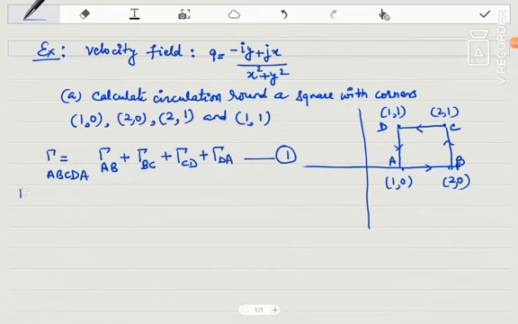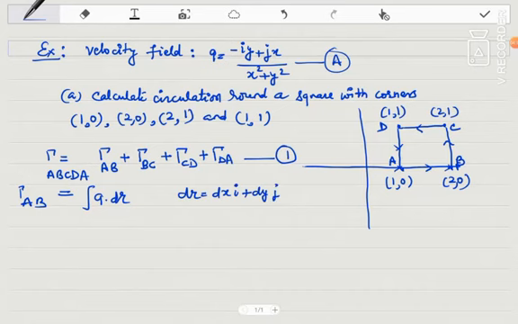Now first of all, circulation along AB. It will be the integral of Q dot dr. Q is given by this expression, and dr is the line element, so it is our line AB. I know that dr is dx i plus dy j. But what is y along AB?